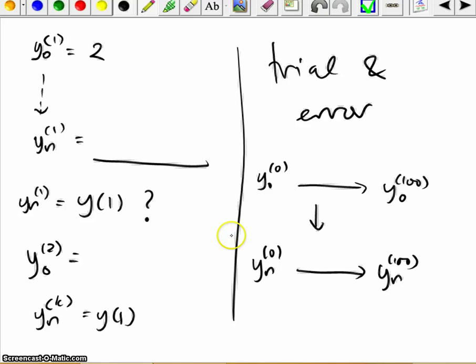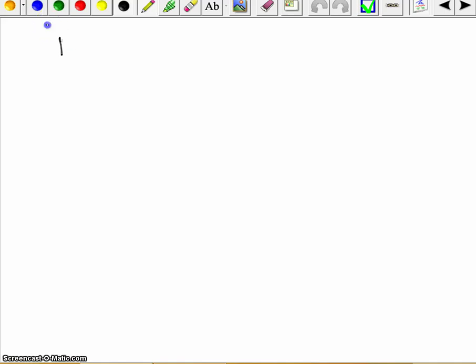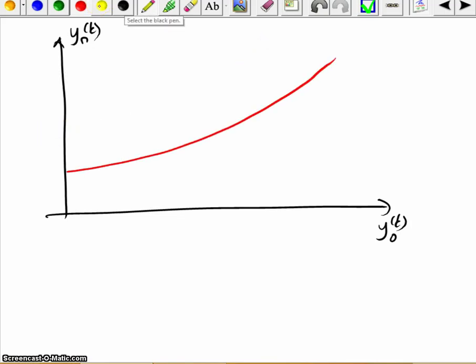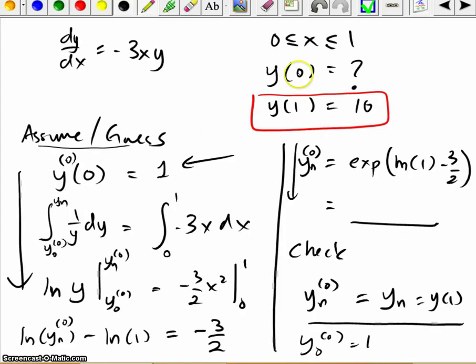So this means I can plot out the values of these two in a graph, where this is my yn(k) and this is my y0(k). Okay, so if I plot that out, where this axis is all my guesses for my initial value, and this is all my yn values obtained from this initial guess, I'll be able to obtain some plots here. So let's say my plot looks something like this. And my exact value for yn is actually 10.